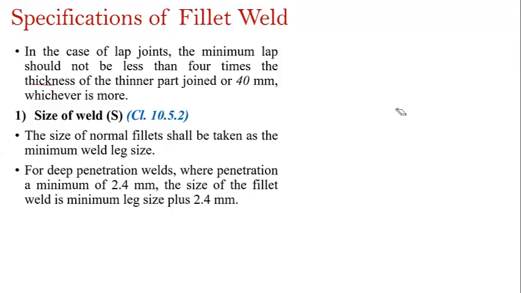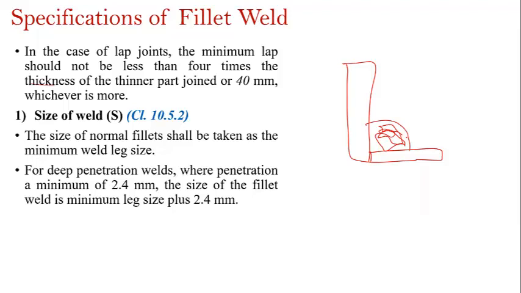Okay, so for deep penetration welds where penetration is a minimum of 2.4 mm, that means greater than or equal to 2.4 mm, the size of a fillet weld is minimum leg size plus 2.4 mm. Remember, for deep penetration welds, you have a fillet joint. Okay, you have 2 plates, and the minimum size of the fillet weld for deep penetration. Okay, for deep penetration, you consider this entire thing as a fillet weld.